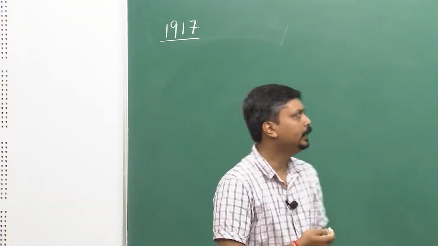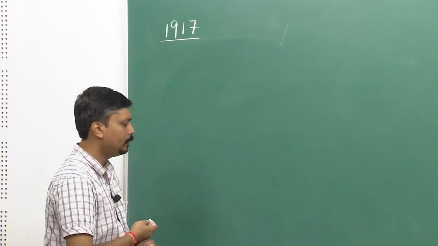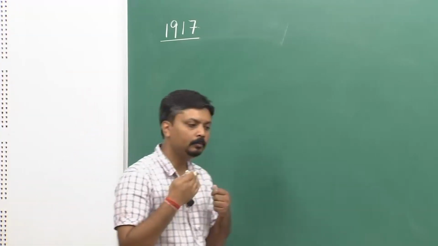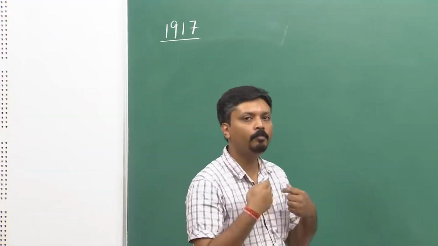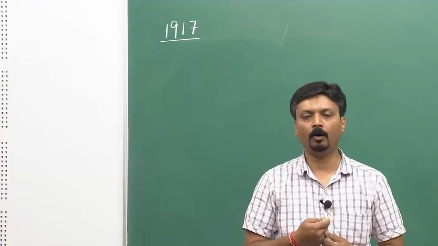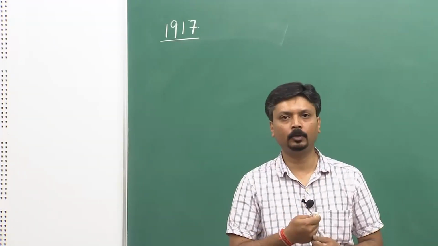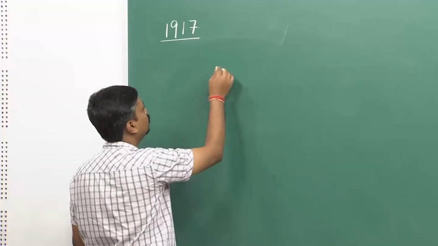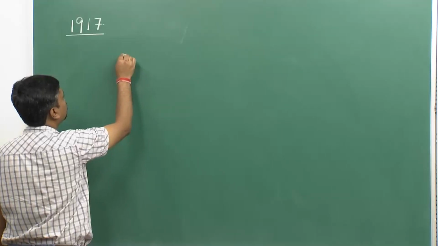What did he propose? He said that there must be another radiative channel of decay of the excited atom. So what did he mean?